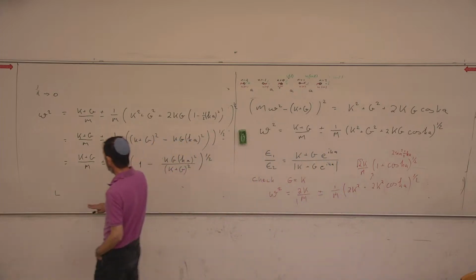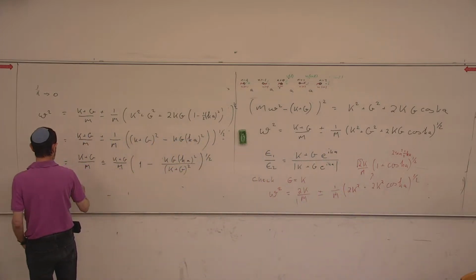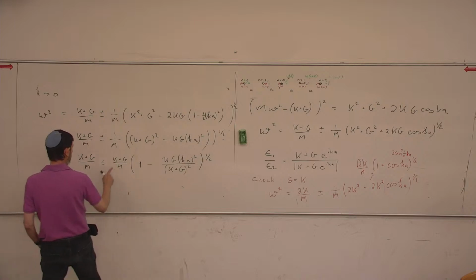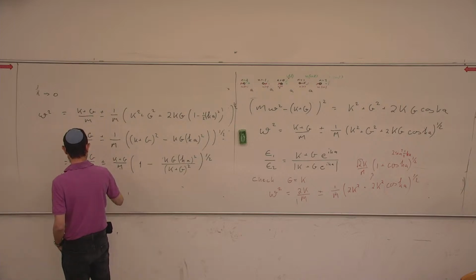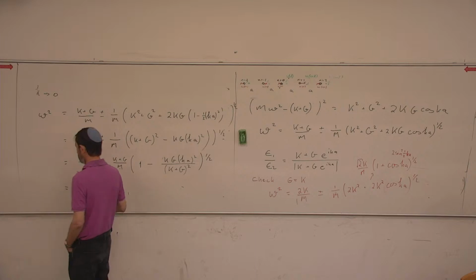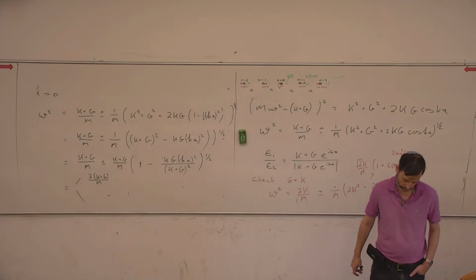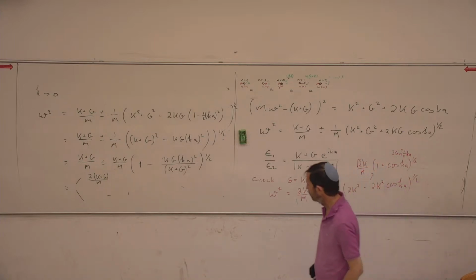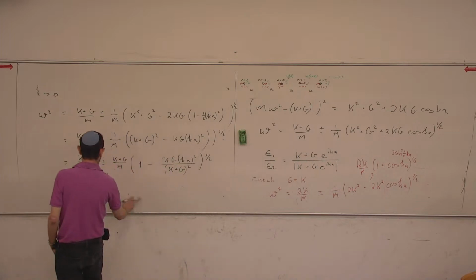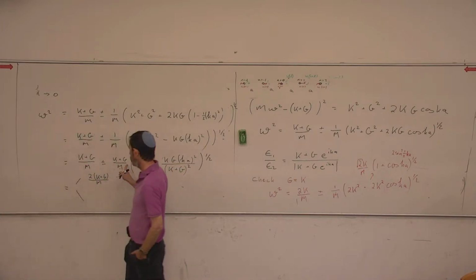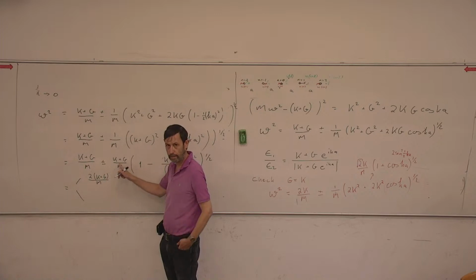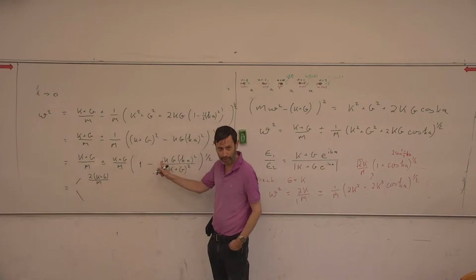Okay, so we have two solutions. And for the minus, I subtract this from this. I have to take the small k into account because otherwise I have nothing.